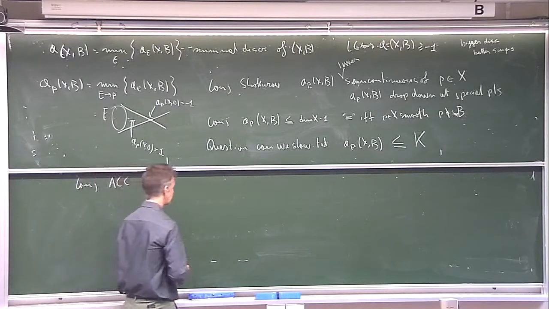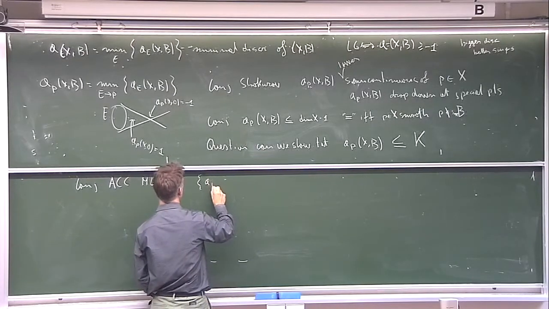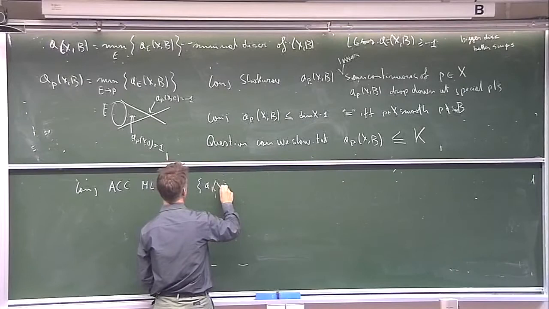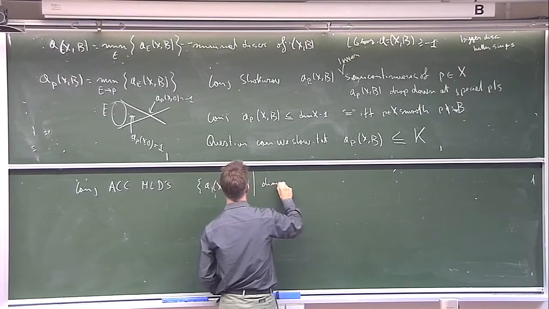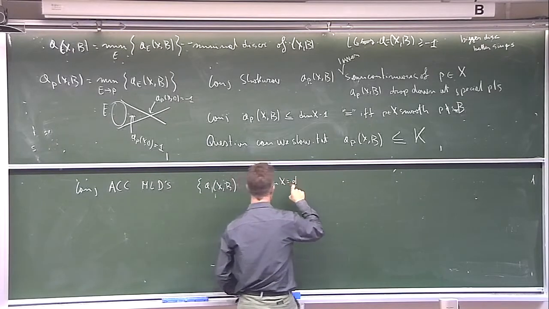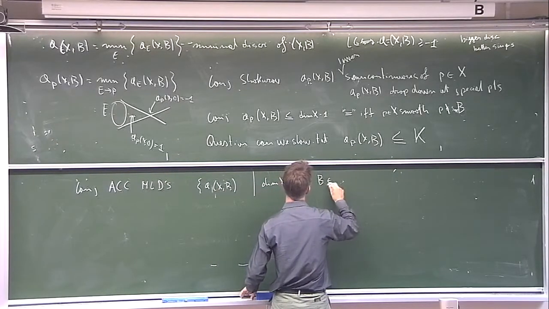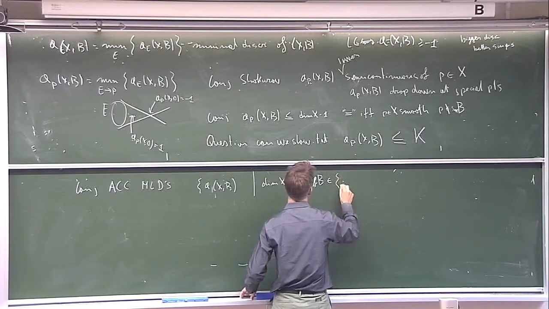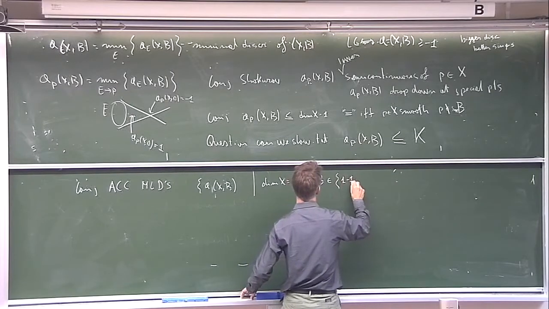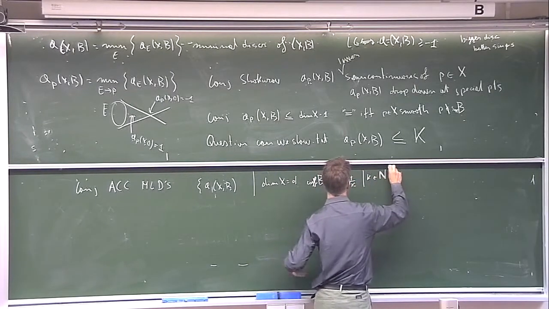It says something like: if you look at the set of all possible minimal log discrepancies a(X,B), where dimension of X is equal to d, a fixed dimension d, and the coefficients of B are in some DCC set, let's say, for example, the set 1 minus 1 over k, where k is any integer.